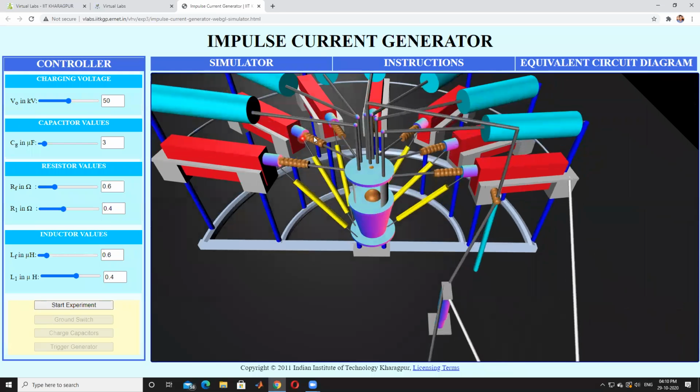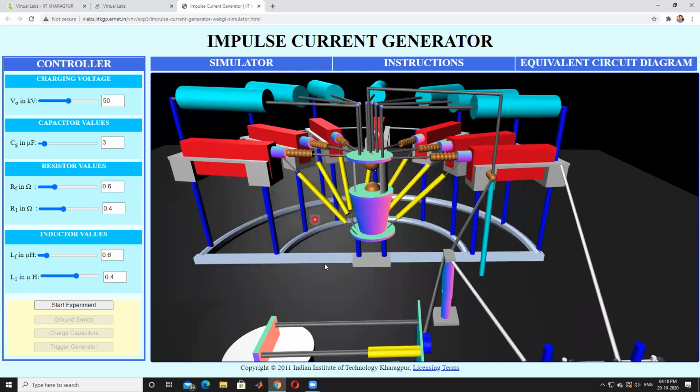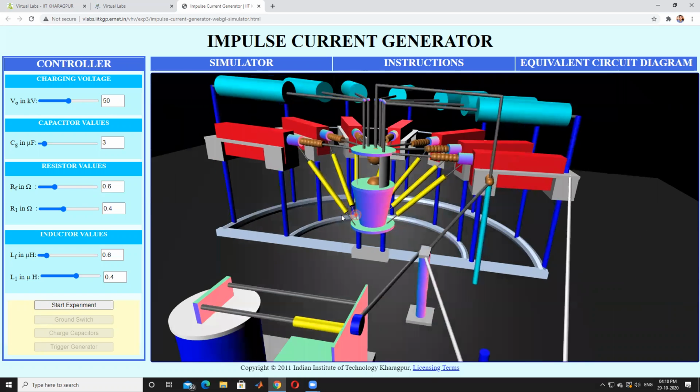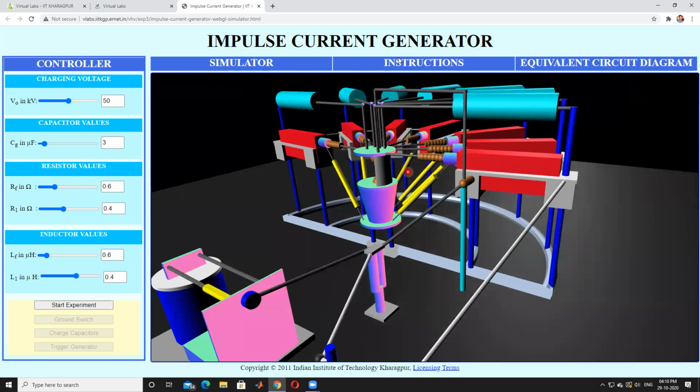They charge in a parallel manner and also discharge to the test object in a parallel manner. This is the virtual lab of the impulse current generator setup. It's clear.